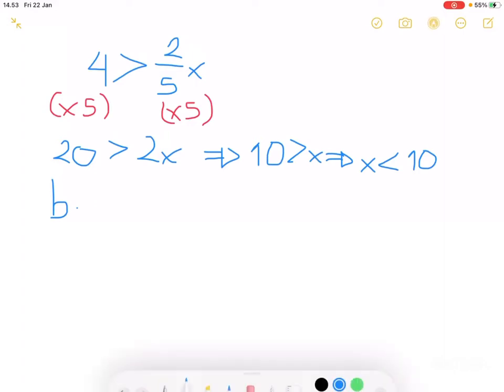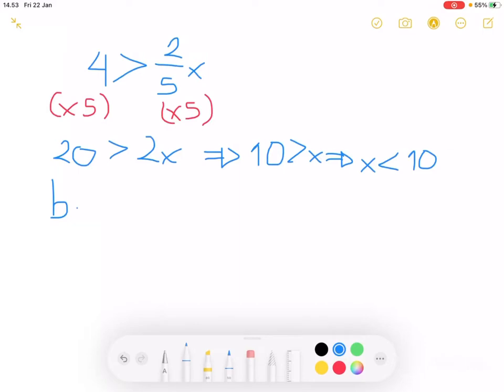So starting at positive 10, notice that positive 10 doesn't satisfy this inequality. Just by logic right here, it's a contradiction. Let's look at the integer below 10, which is 9. And notice that 9 satisfies this inequality. And therefore, we have found 9 as our answer for our BI part.